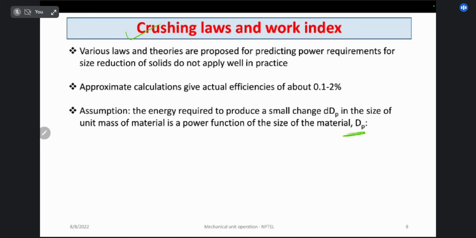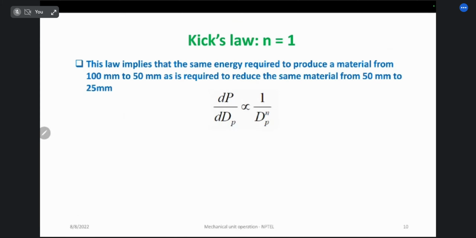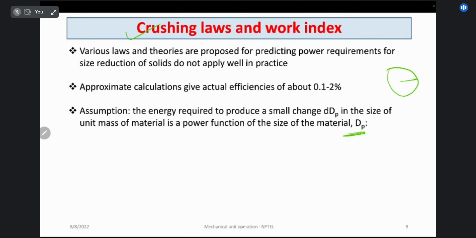Suppose this is the diameter Dp. If you want a small change in this Dp, converting it into this, then this dDp is the small change. The energy required to produce this small change dDp in the size of a unit mass of material is a power function of the size of the material Dp.